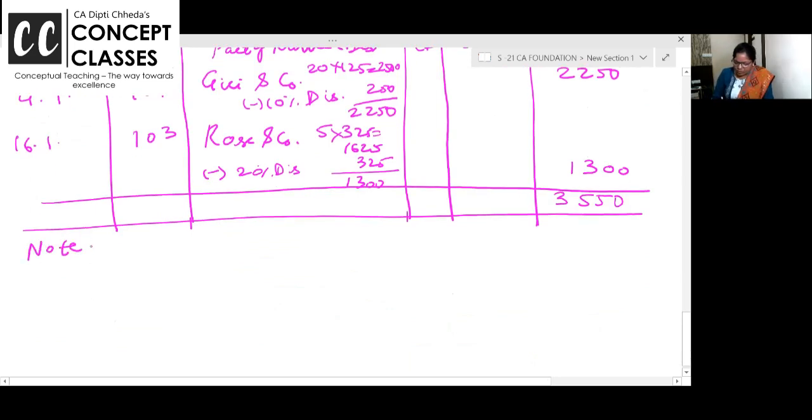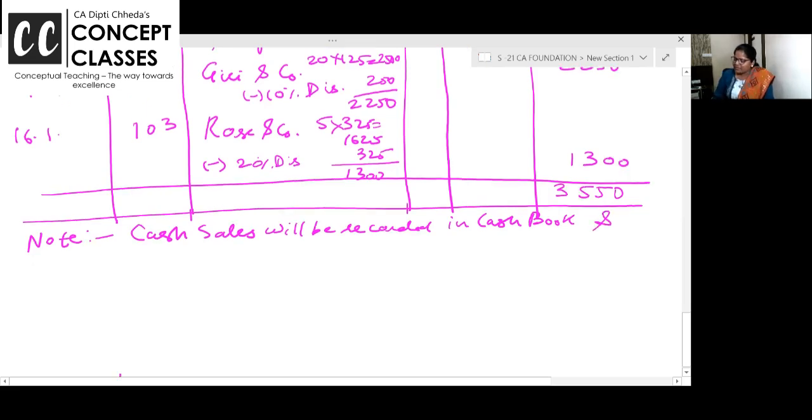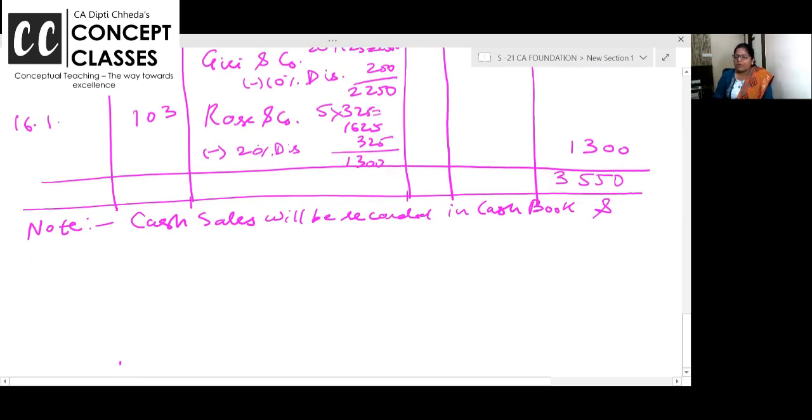Immediately below this, write down a note. Cash sales will be recorded in cash book. You have to write this in the final exam also. Note: cash sales will be recorded in cash book and sale of tables will be recorded in journal proper.